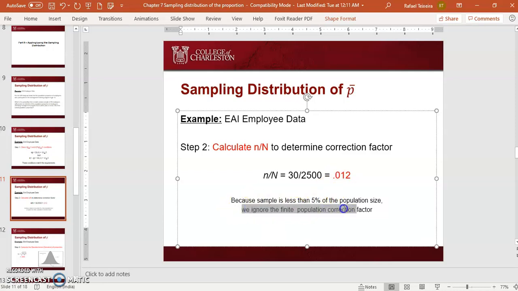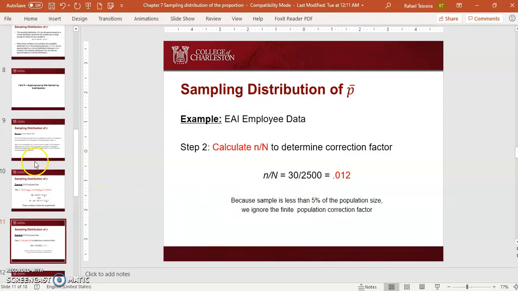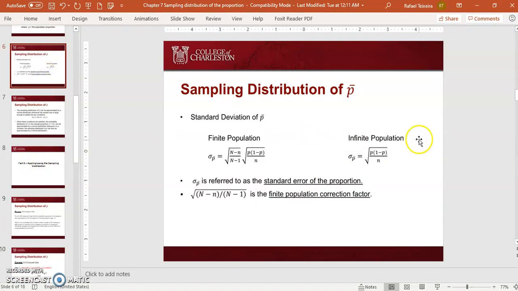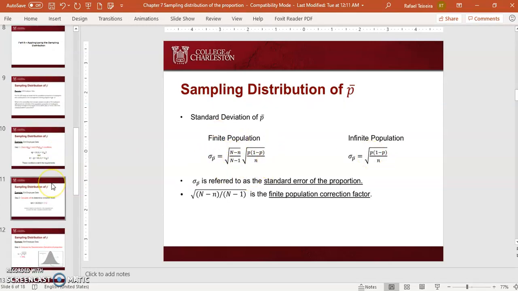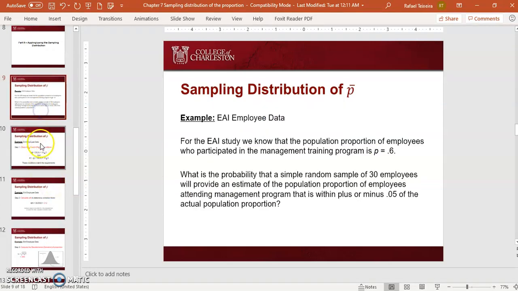We can ignore it and use the simpler formula. Which formula? This one. Because the resulting ratio is smaller than 0.05, we can use this formula here. If the ratio is higher than 0.05, then we have to use this other formula.